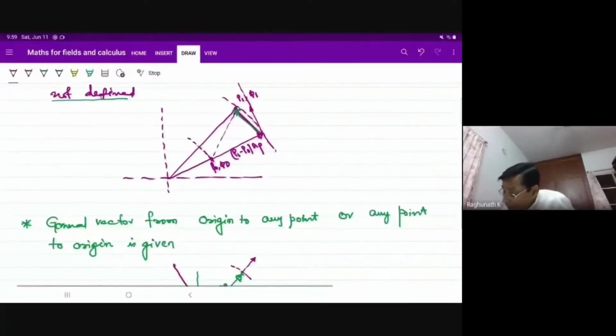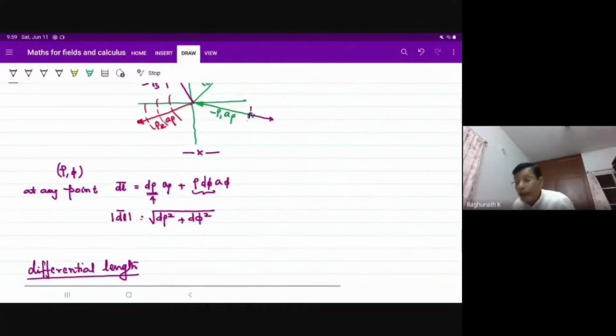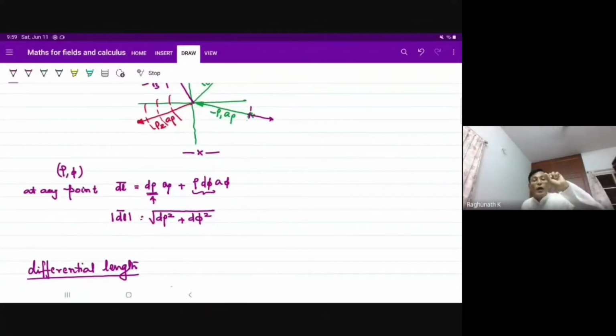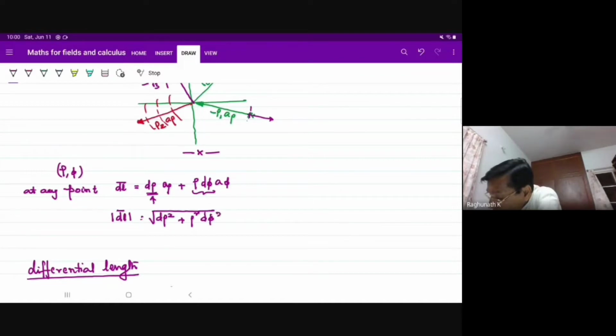By keeping rho constant on the circle of radius rho, I have to move by d phi. It's a very small part of a circle, which is a straight line, because of which dl squared is rho squared d phi squared.